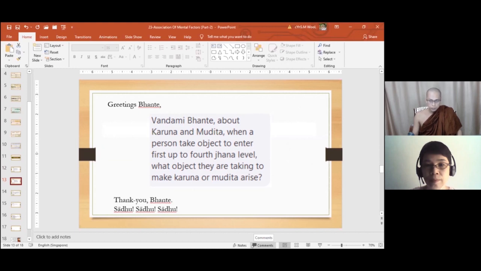So sometimes other meditators can develop their jhana not focusing on these two types of beings, but focusing on other objects. There are so many objects in meditation, for the samatha meditation. For example, focusing on the breathing, the in-breath and out-breath.